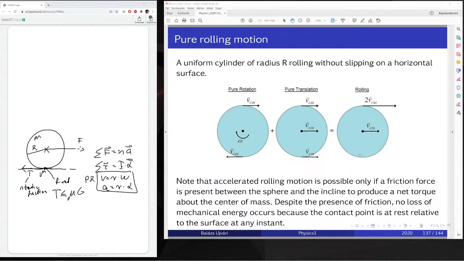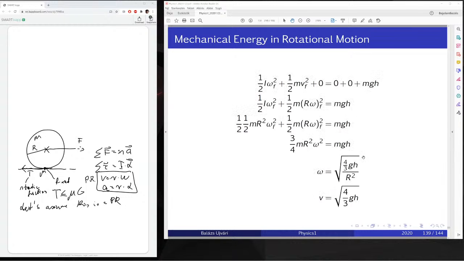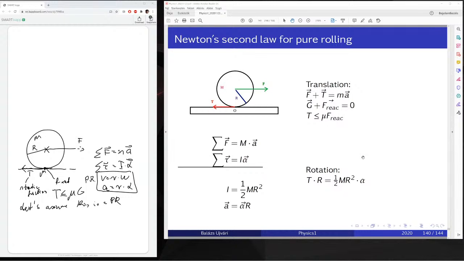So, how can we solve it? Let's assume this is a pure rolling. That means three equations. Sum of the F equal m times a, sum of the torque equal I times alpha, and the pure rolling, let's use this one, a equal r times alpha.